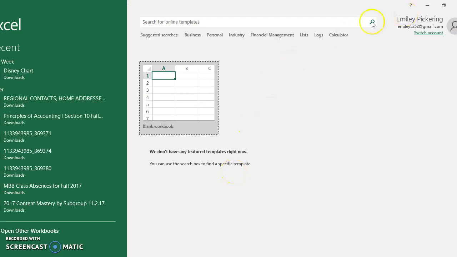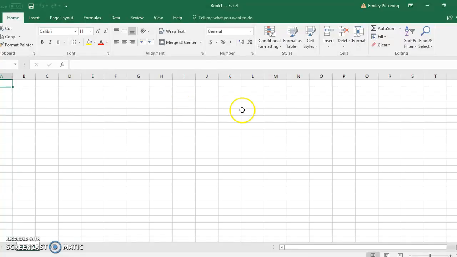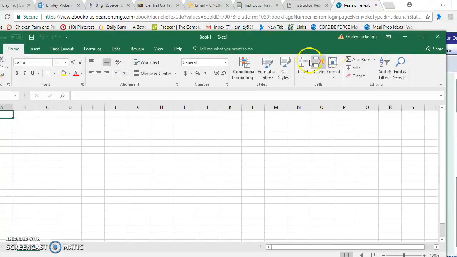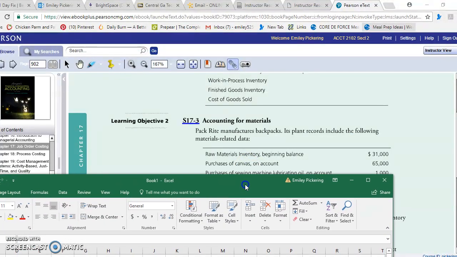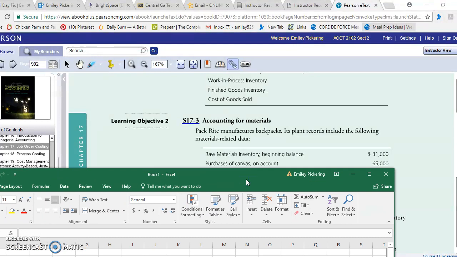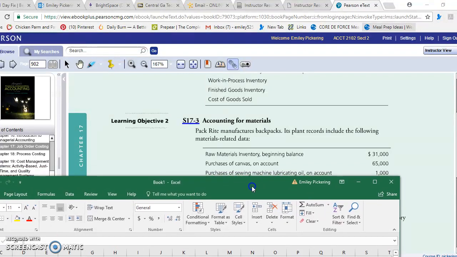So the first thing we want to do is figure out how much in raw materials we purchased. So we have 65,000 of canvas on account. On account means we just haven't paid for it yet. And then we have sewing machine lubricant oil, again, on account, we haven't paid for it yet.